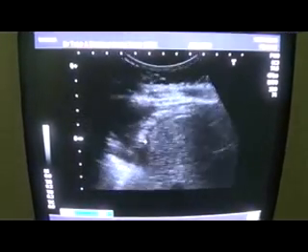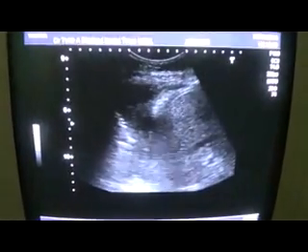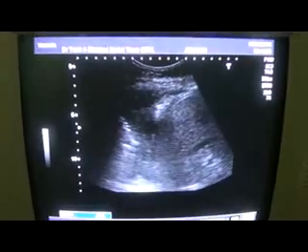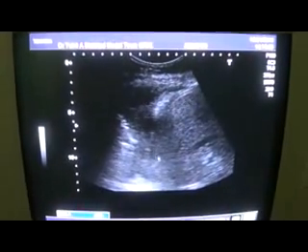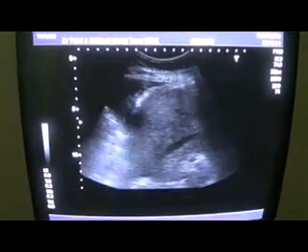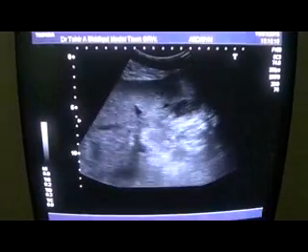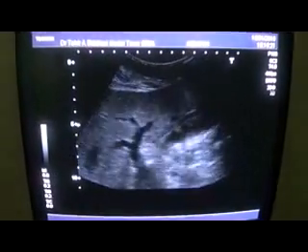you see, this is the fluid in the right pleural space. This is the liver. This one, what is this?